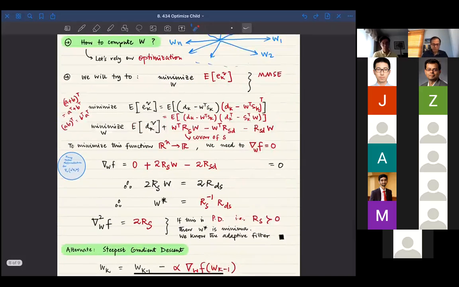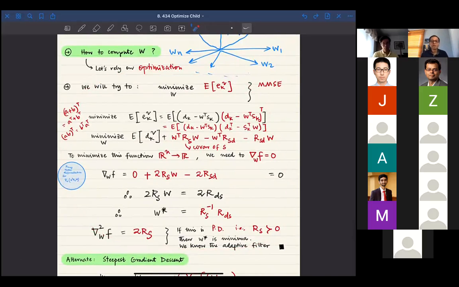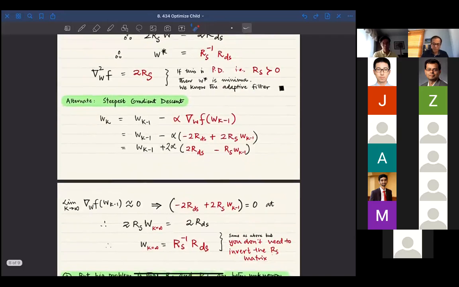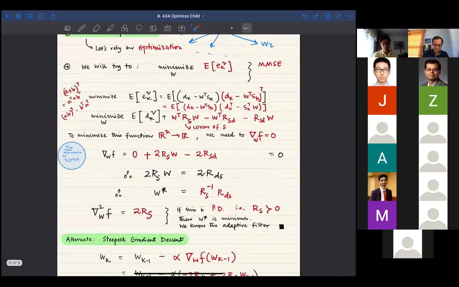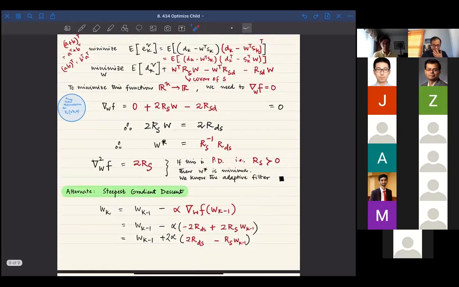But one more thing I wanted to say was you optimize this by directly differentiating the function and equating to 0. Another way to do it is to take the same function and do gradient descent on it. And remember, for gradient descent, we only need the derivative of the objective function.